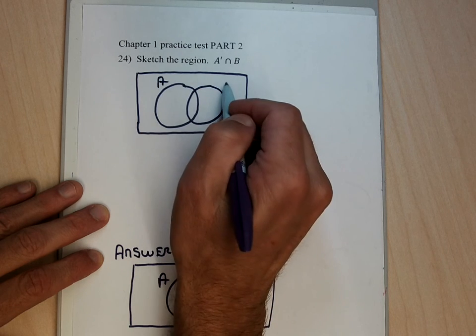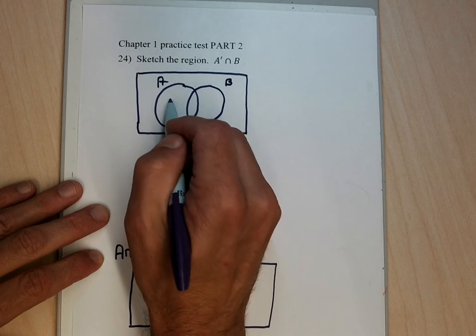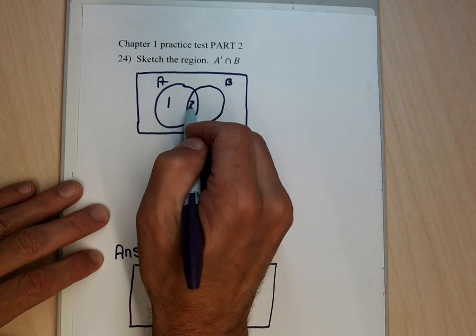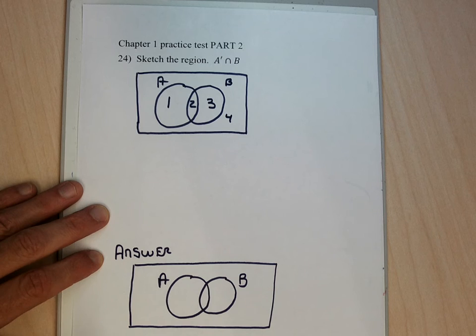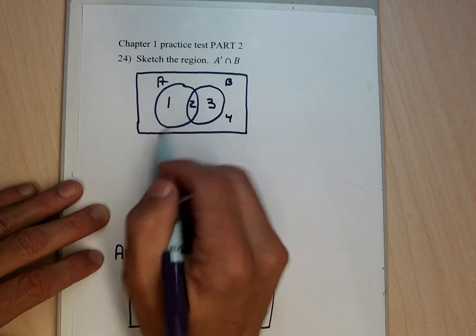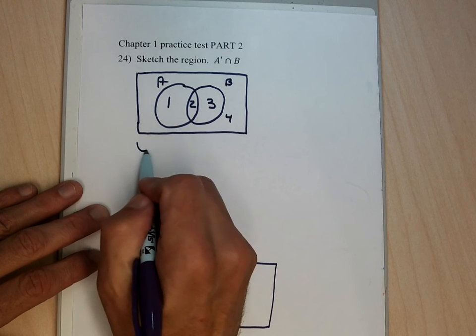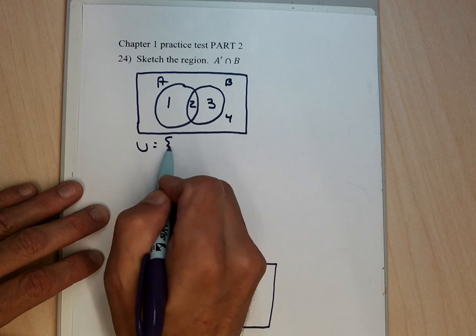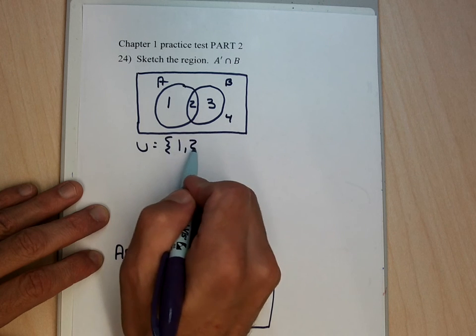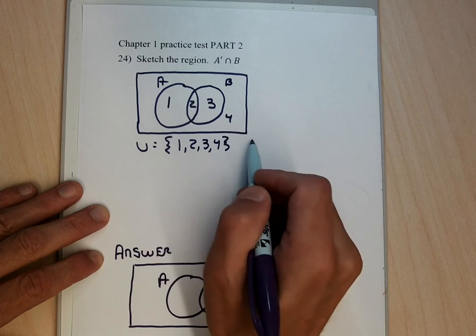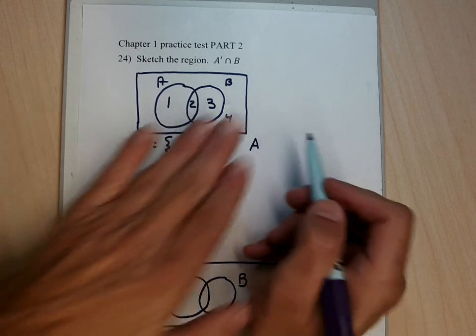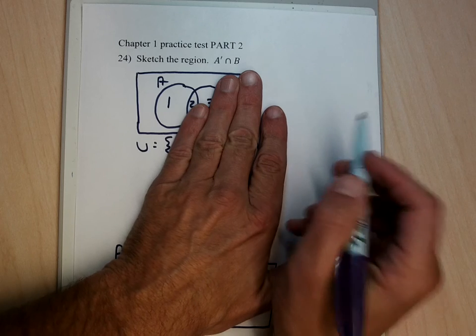We filled them up with some numbers for each of the regions, so I did a region 1, a region 2, a region 3, and a region 4. And then we created some sets. For instance here, the universal set is going to be the numbers 1 through 4, which are the four numbers that I've just written. The set A would be the two numbers in the A circle, which would be 1 and 2.